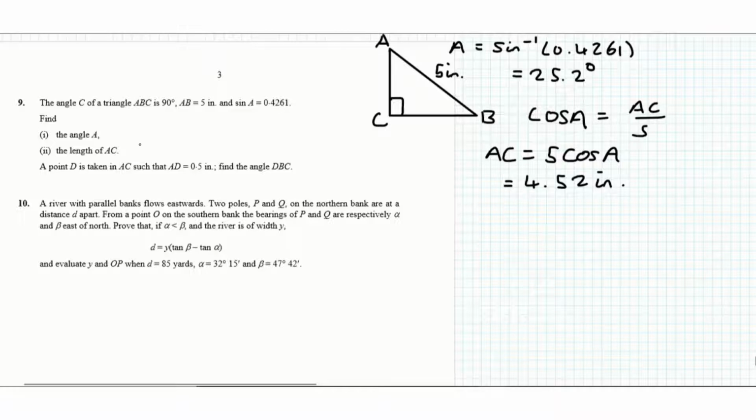So we'll call this point D, and we know that this is 0.5, and I won't put inches, we know we're dealing in inches, okay? And well, we know the length AC is 4.52, so we know DC is 4.02. Okay, and I'll draw a little line across here to B, and we're looking for this angle here.